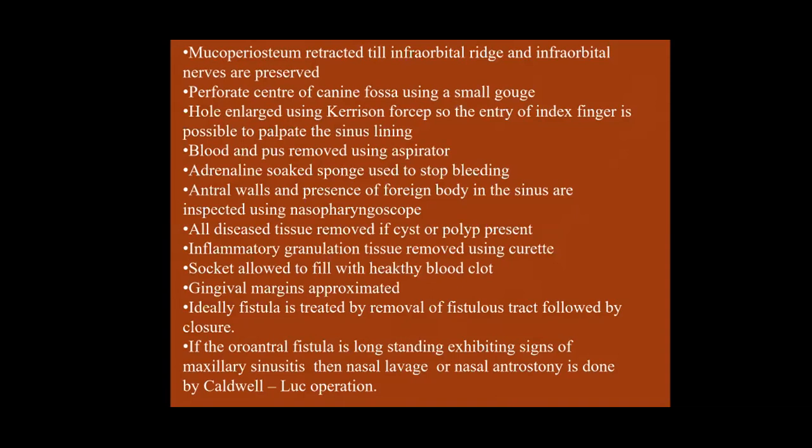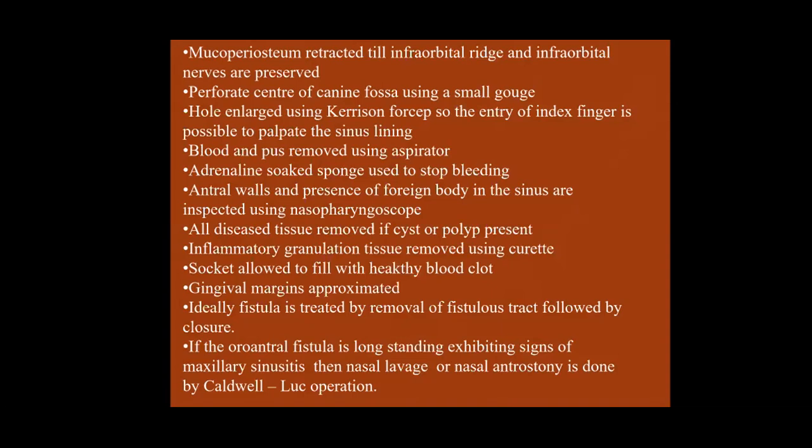Antral walls and the presence of foreign body in the sinus are inspected using a nasopharyngoscope. All diseased tissue is removed if a cyst or polyp is present. Inflammatory granulation tissue is removed using a curette. The socket is allowed to fill with healthy blood and a clot formation is allowed.